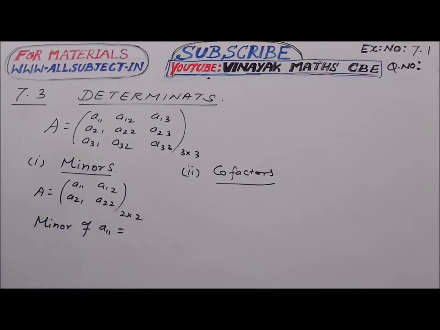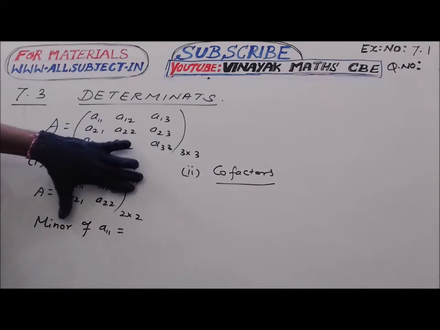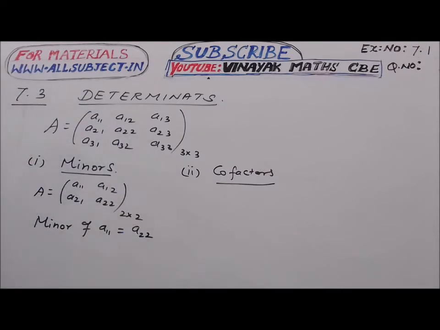A11 is present in the first row and first column. So close the first row and first column. What remains here? A22 remains. So A22 is the minor of A11. So eliminate the row and column in which the element is present.